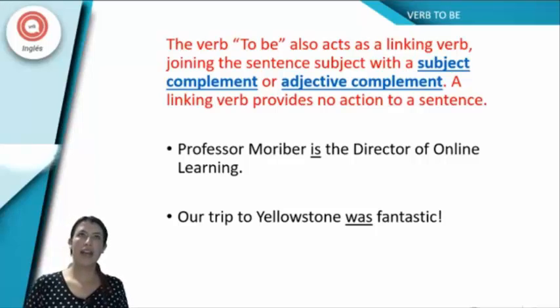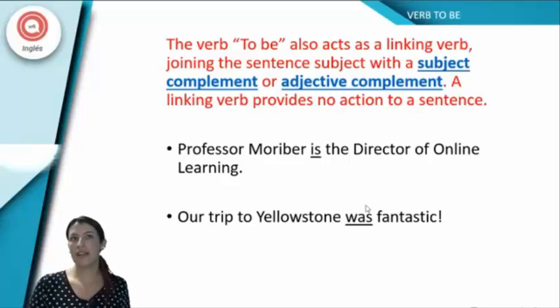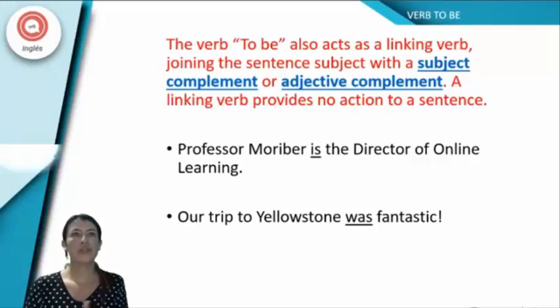That is the subject complement. And then we have the adjective complement. Our trip to Yellowstone was fantastic. Yes? So here it is just acting as a linking verb. Our trip to Yellowstone will be the subject. And the adjective complement, fantastic. You know, an adjective is a word we use to describe, right?